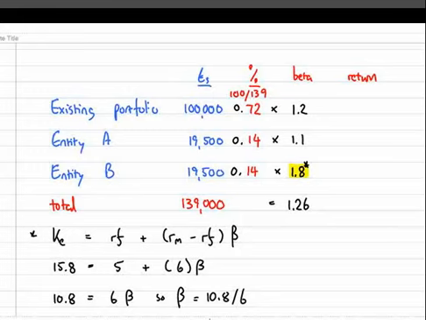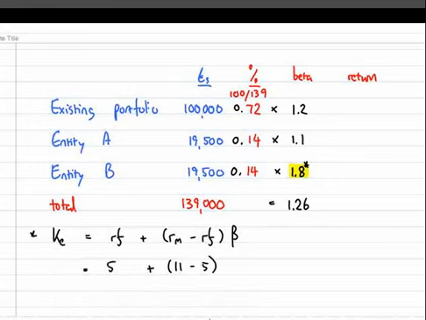And in fact, once I've got that beta, the quickest way of working out the return is just to pop the beta factor into the capital asset pricing model, and that will tell me that the return I expect from my portfolio is, so now using the beta factor of 1.26, that delivers an expected return of 12.56%.